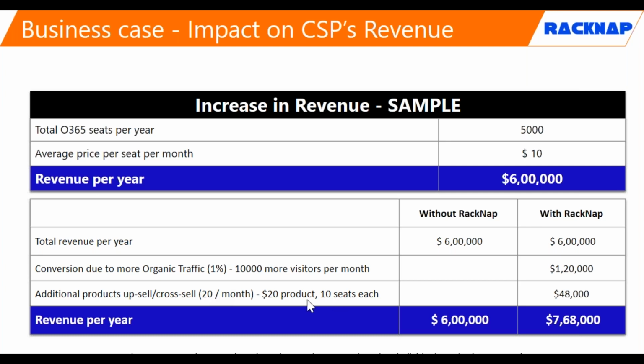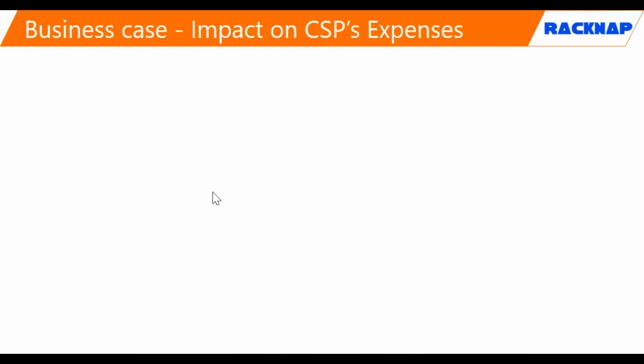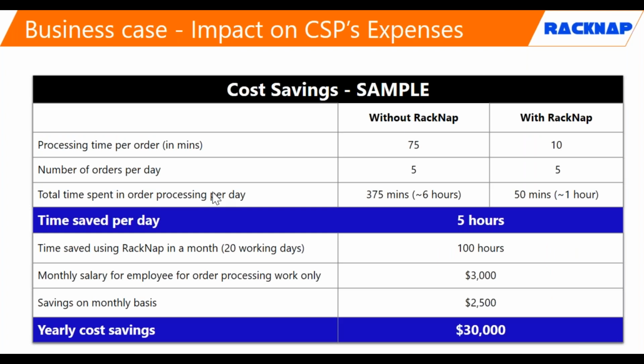So on an average, if you sell at least 20 of these in a month, you're actually increasing your revenue by about $48,000. So the potential to increase the revenue is about $168,000 in a year, based on actual increase in terms of using RackNap. That's the potential RackNap can give you in terms of increase in sales. Okay. And obviously individual circumstances will drive these numbers up or down depending on your needs.